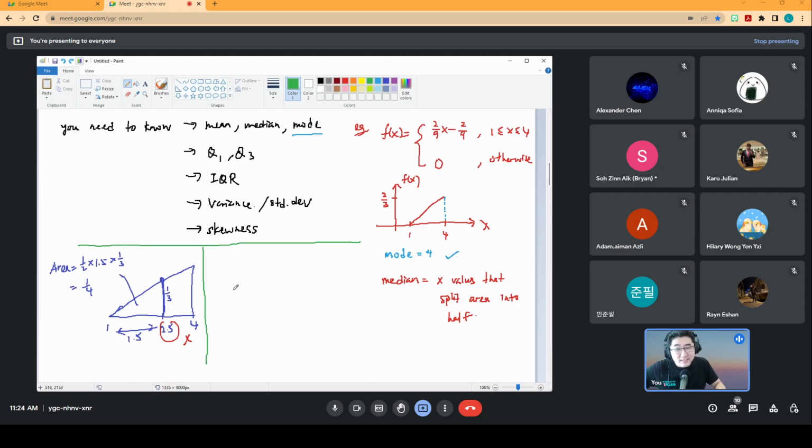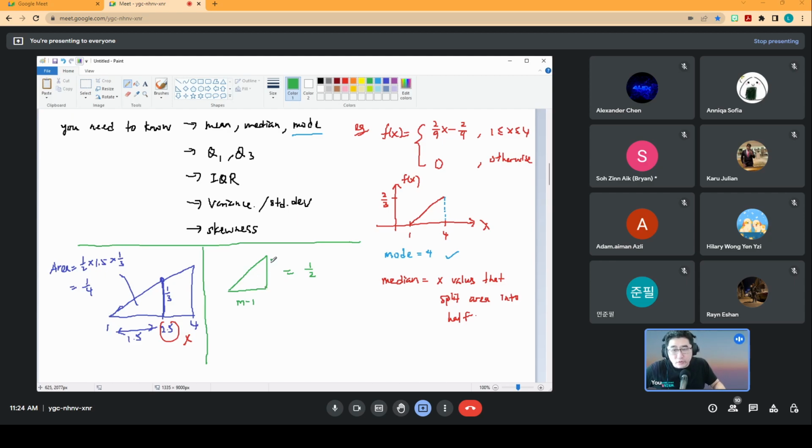Okay. The easiest approach is to find the area that equals half by looking at the length. So the length here is m minus 1, where the median equals m. This is m, this is 1, therefore it's m minus 1.